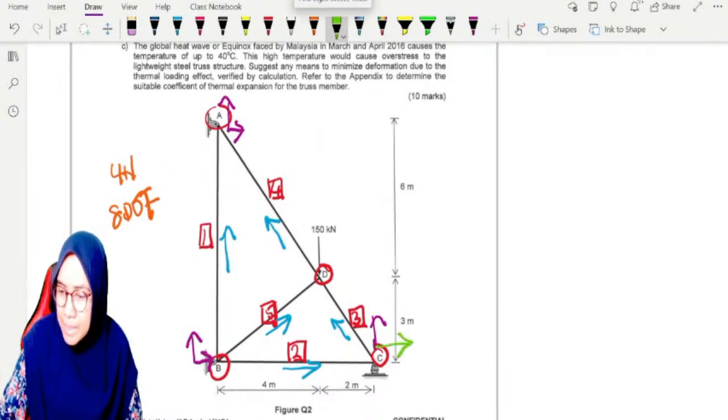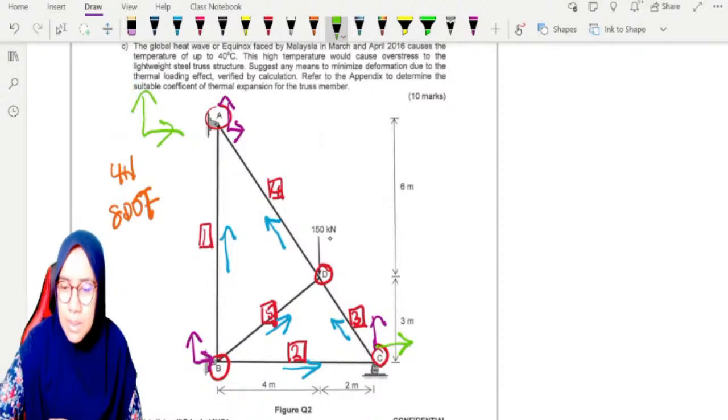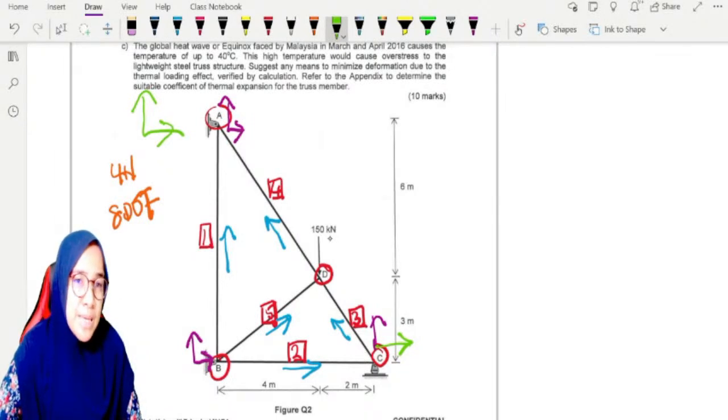So we complete the sign convention for degrees of freedom, which must be in the X and Y directions, because these degrees of freedom will represent displacements and forces. There is no moment or rotation in a truss.